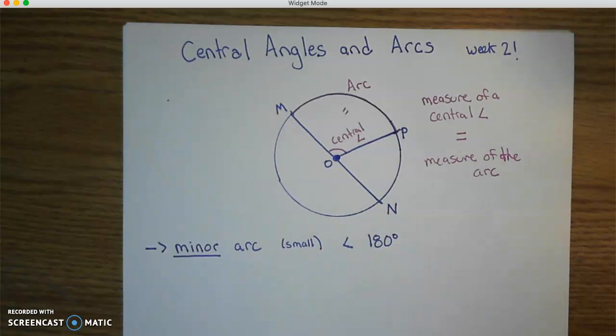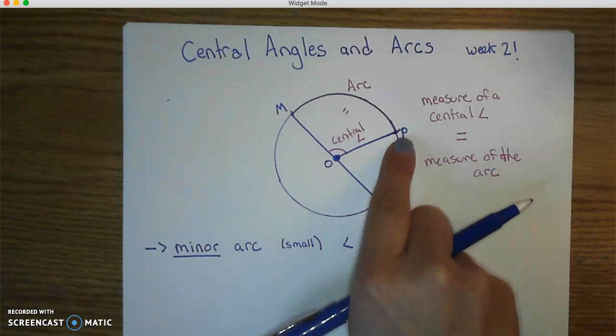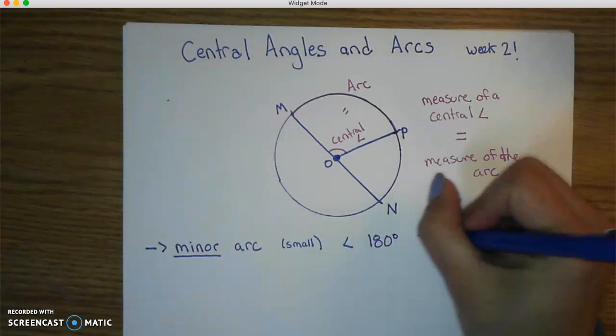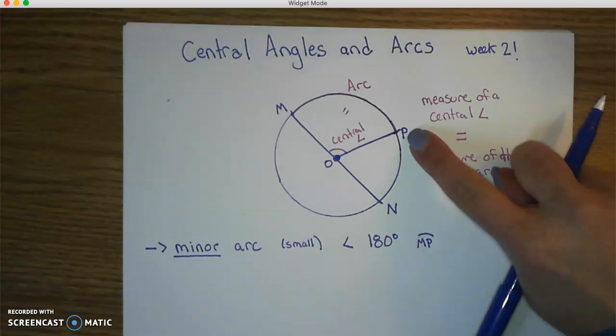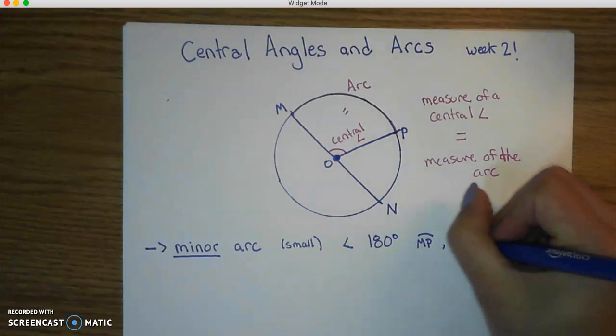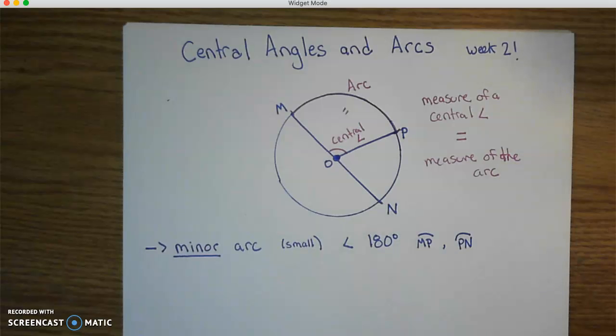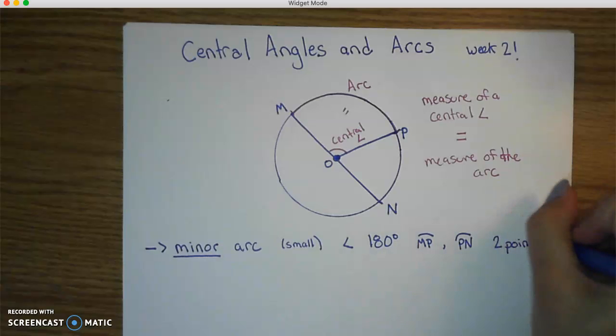So an example of a minor arc would be arc MP or arc PN. These arcs are less than 180 degrees, and we use 2 points to name it.